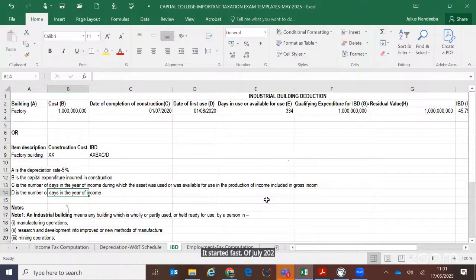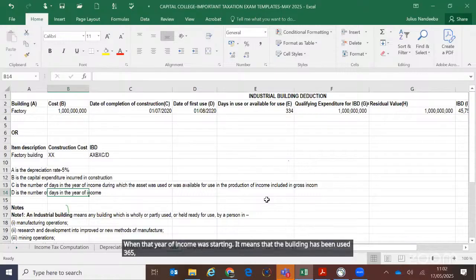Now, if the building was put to use from 1st of July 2023 to 30th June 2024, assume it was put to use on the very first day of that year of income, it means that building has been used 365 days.